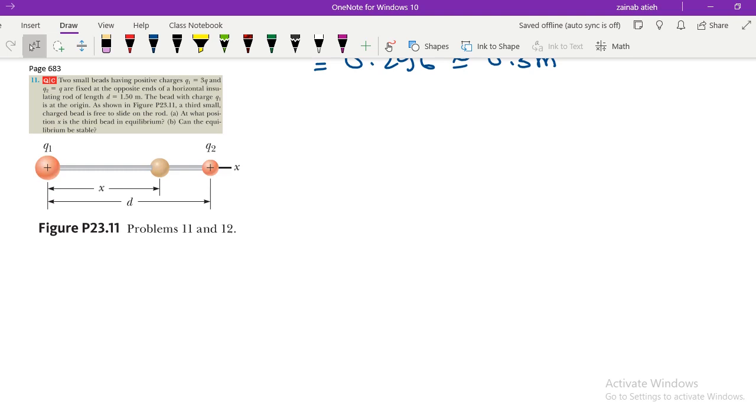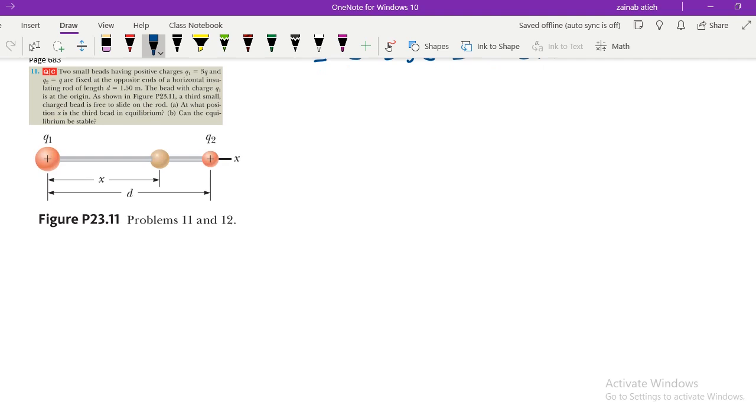Okay, we're just going to start with part A. I will write the given. Q1 is 3Q. Q2 is Q. And I will call this one Q3. Now Q3, I don't know anything about it at all, except that it is at equilibrium.